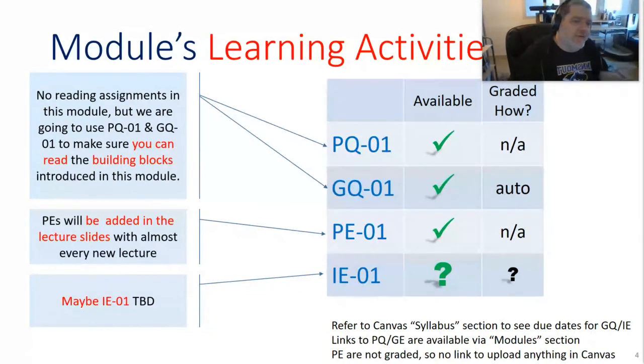IE1, last semester I skipped. I didn't do an IE1. We had a few weeks where we didn't have IEs. I'm considering trying to insert an IE1 here. Try to make it, again, a little bit more complicated, but not too much, just to keep the pace going, okay? So I'm still debating right now. It depends on how I can shape the IE1, how fast we go through the material, okay?